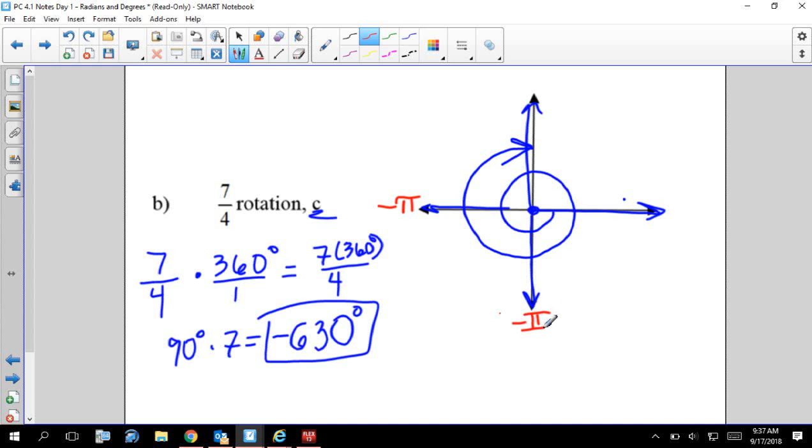Negative pi over 2. So we're counting by pi over 2s. You have to do 7 of them. 1, 2, 3, 4, 5, 6, negative 7 pi over 2. Counted negative 7 of them. Great.